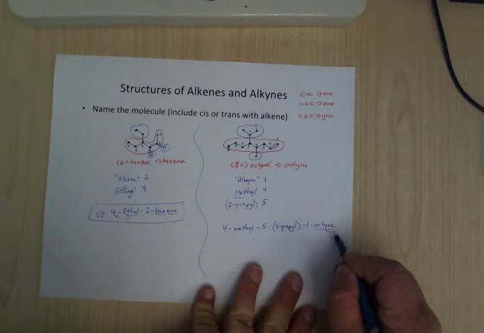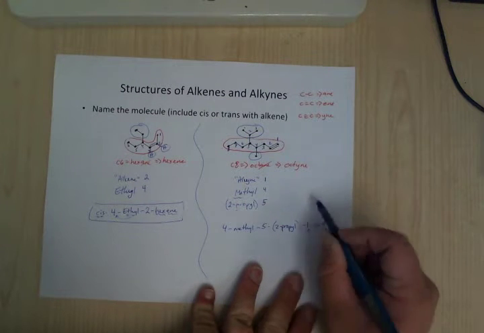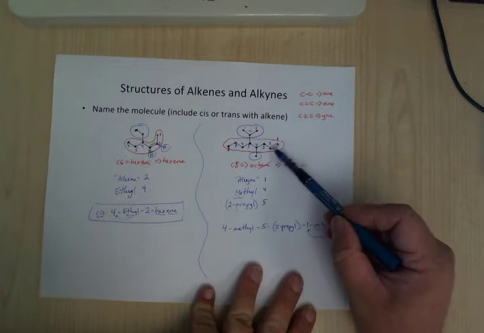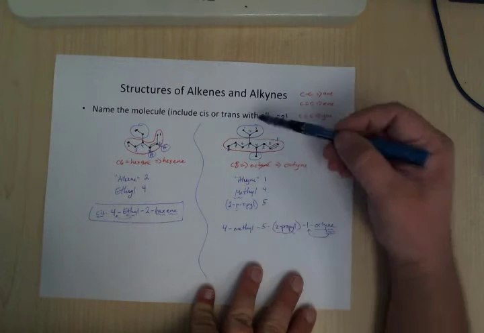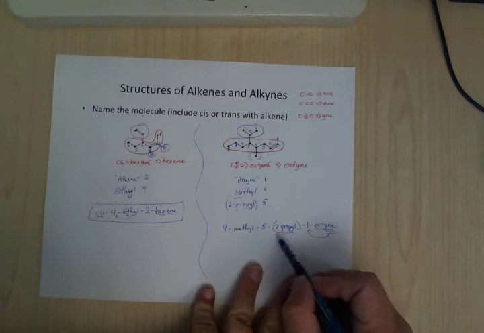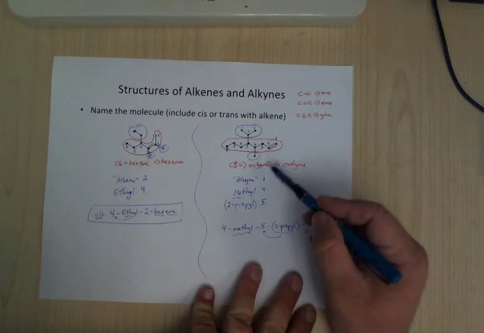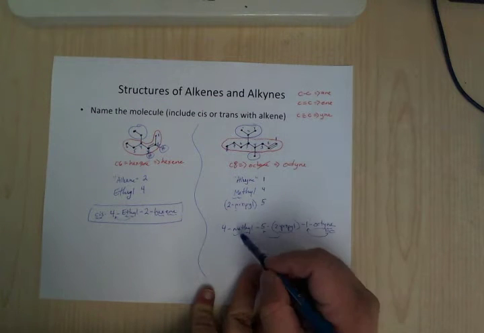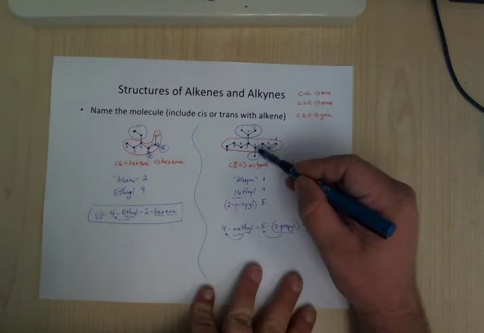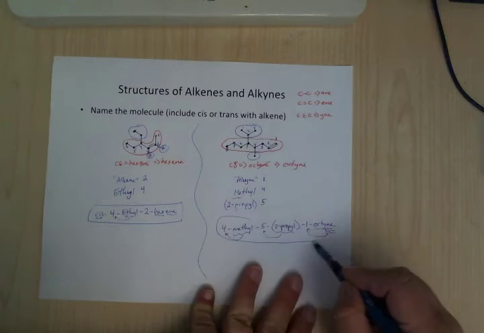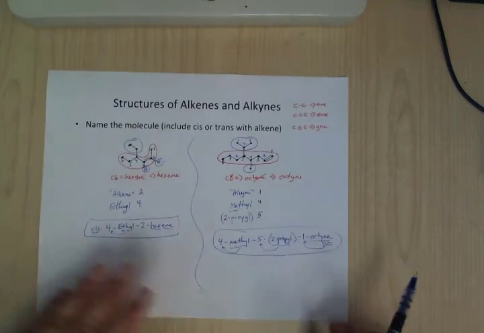There's a triple bond in it. Where is it at? It starts at carbon 1. We also have a 2-propyl group here. Where does that connect to the main chain? It connects through carbon 5. We also have a methyl group. Where does that connect to the main chain? It connects through carbon 4. So here's your name. There you go.